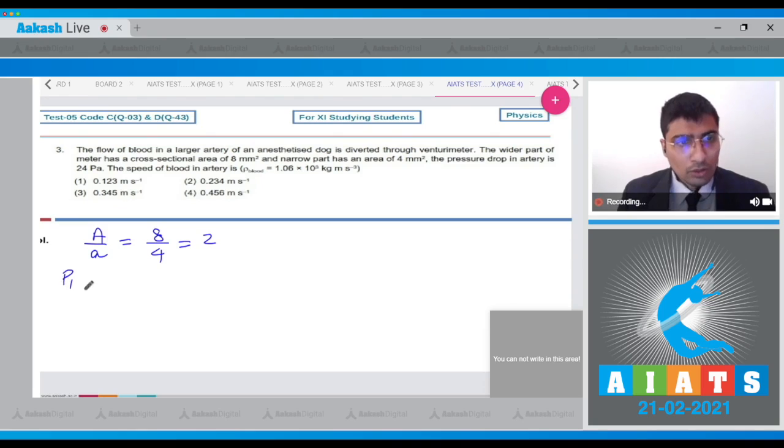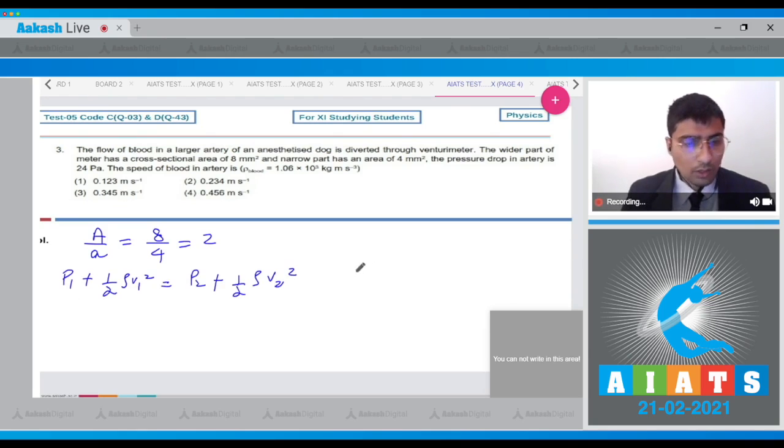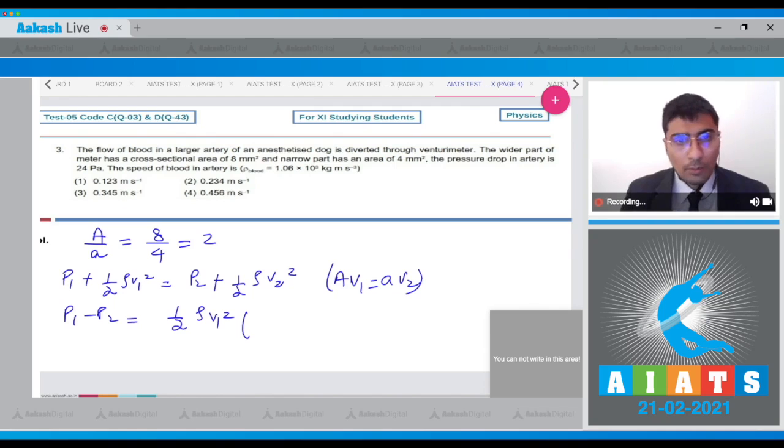Now as per Bernoulli's theorem, P1 plus half rho V1 square will be equal to P2 plus half rho V2 square. Also we must know that AV1 is equal to aV2. Now the student, if we substitute these values, we will get P1 minus P2 is equal to half rho V1 square multiplied by capital A by small a whole square minus 1.